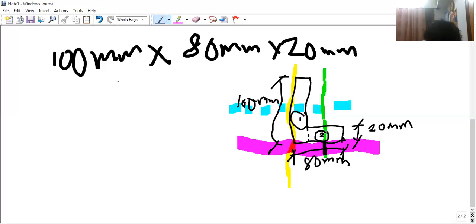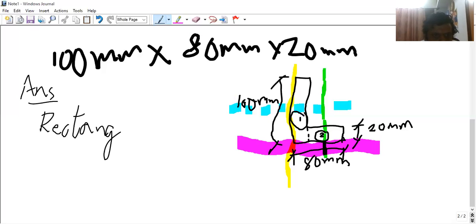So how do we solve? Now we'll consider this as rectangle 1. As usual, the solution goes something like this. For rectangle 1, what are the area dimensions?